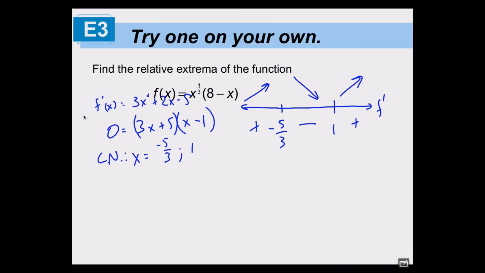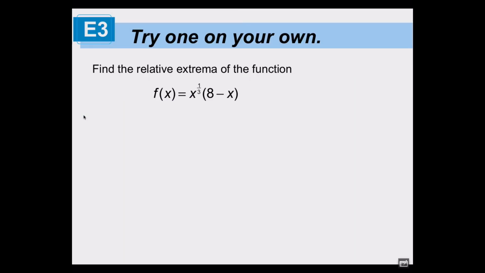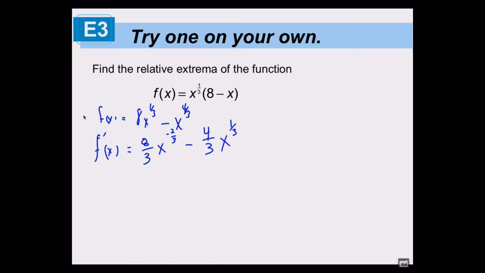Let's do this together. Did everybody multiply it out? Okay, good. So f of x is equal to 8x to the 3rd minus x to the 4/3. So f prime of x is 8/3 x to the negative 2/3 minus 4/3 x to the 1/3.